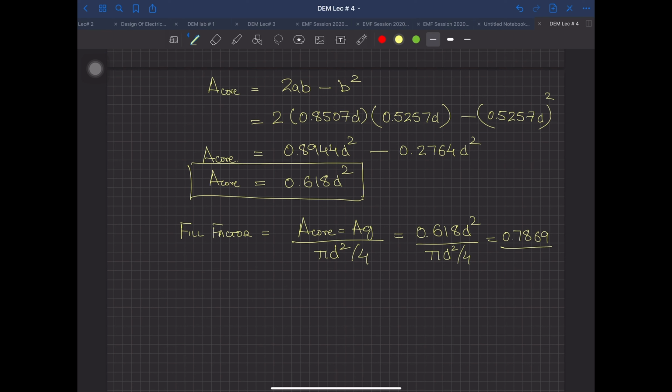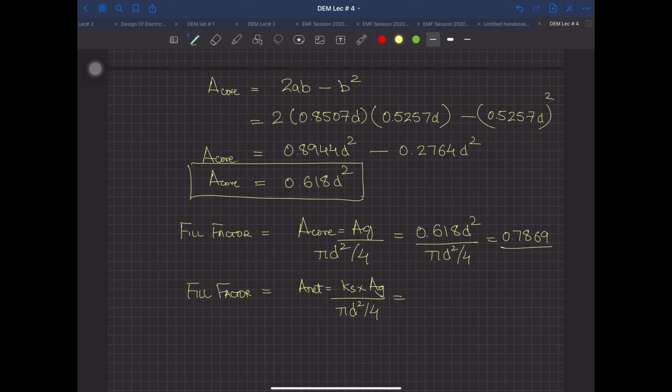0.7869. And same fill factor for A net. And what is A net? That is KS multiplied by AG, ये A net में सिर्फ यहाँ पे सिर्फ उसके लिए लिखा है वो 0.9. So this is pi D square by 4.